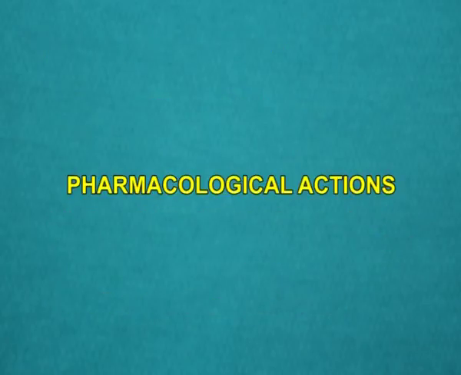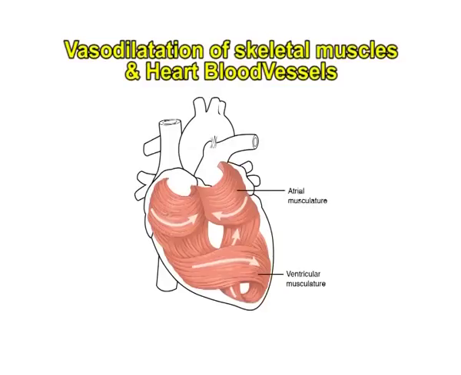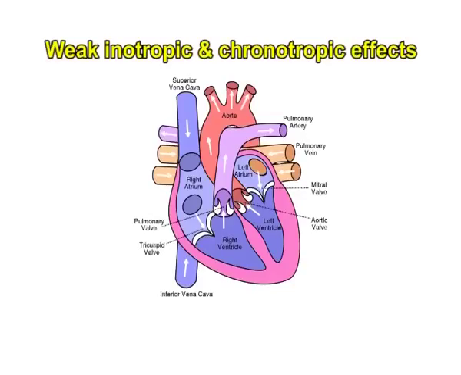Dear friends, now we will discuss the pharmacological actions. Vasoconstriction of renal, pulmonary and cerebral vessels. Vasodilation of skeletal muscle and heart blood vessels. Weak inotropic and chronotropic effects. Smooth muscles: contraction of smooth muscles in the GIT, bronchial tree and uterus.